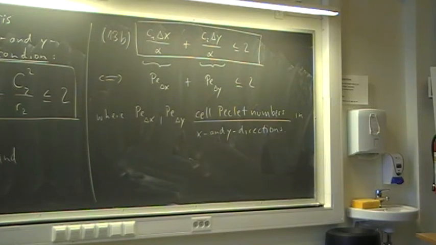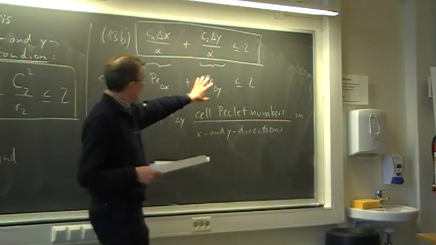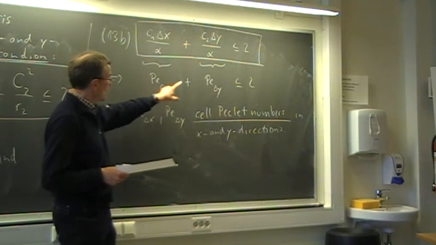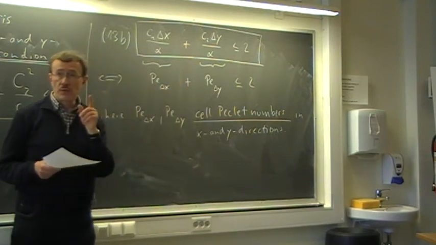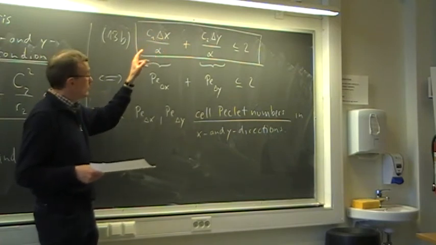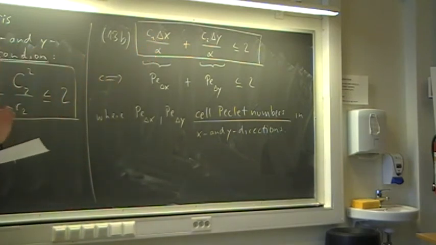We did not have that for this. We had it in another context. But here it is appearing again. If you have it in one dimension, then we see here that the Peclet number in one dimension has to be smaller or equal to 2. Because for the diffusion equation, we don't have the C1 and the C2, so they would be 0. So it was not correct what I said. But here we have this condition.